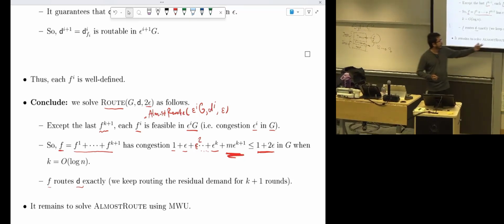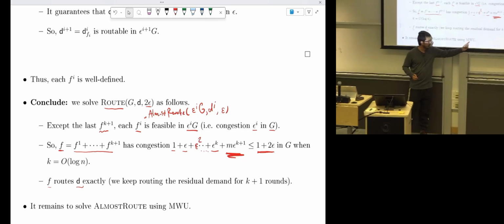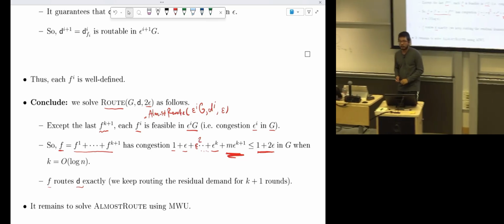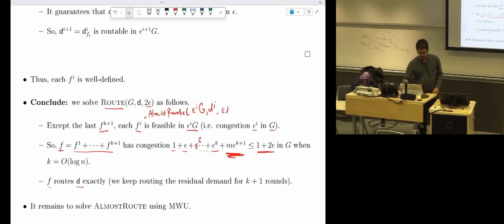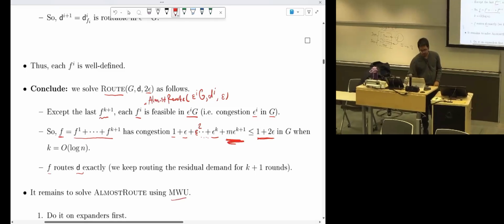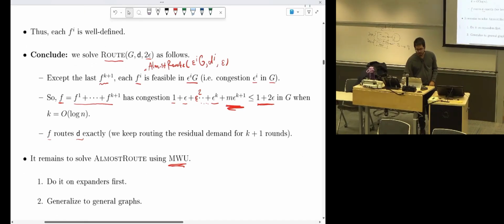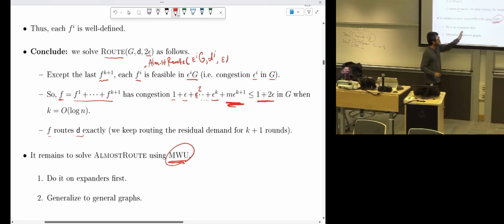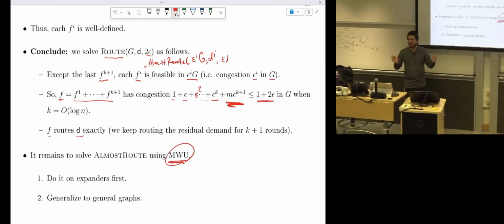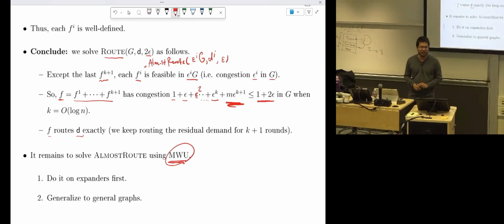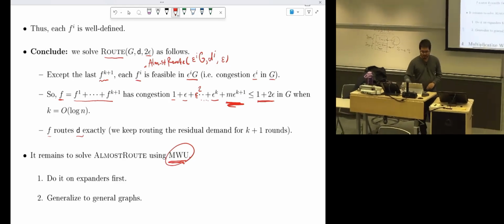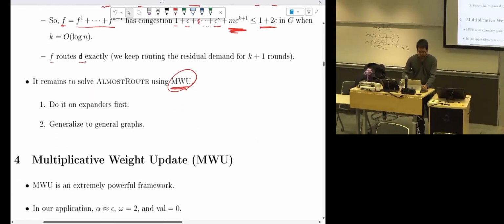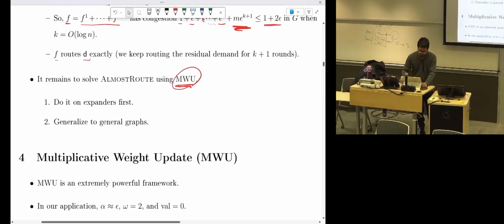Okay, and we're going to solve almost route using multiplicative weight update. I'm going to tell you what this thing is, and once we see what this is, we're going to solve the problem on expanders first, and then generalize to general graphs, with the same template. So let me tell you about weight update.